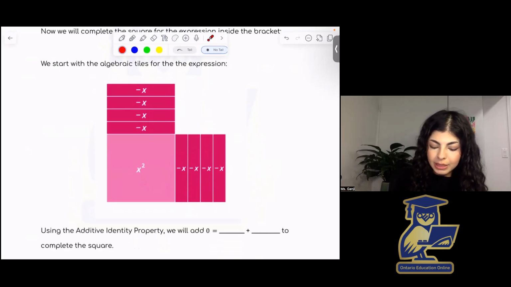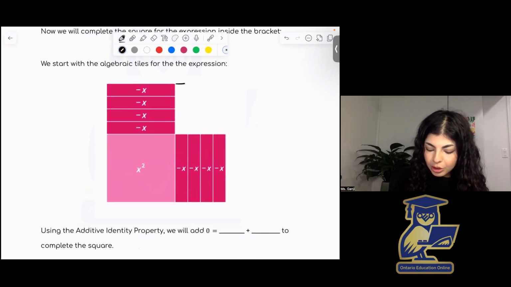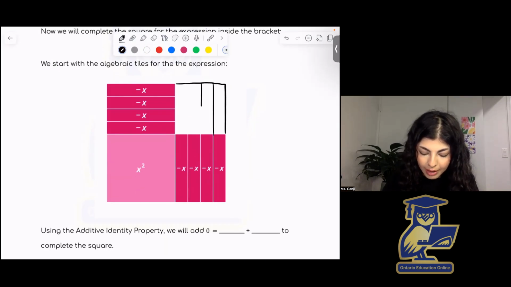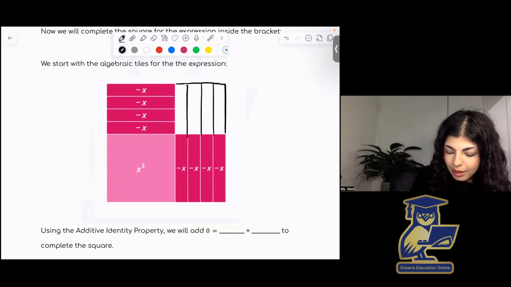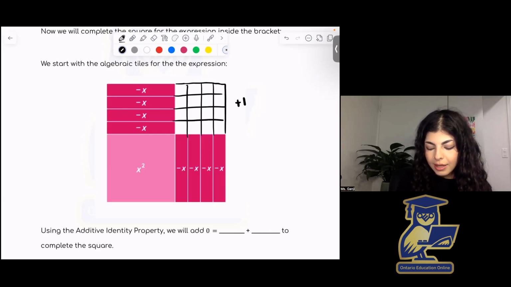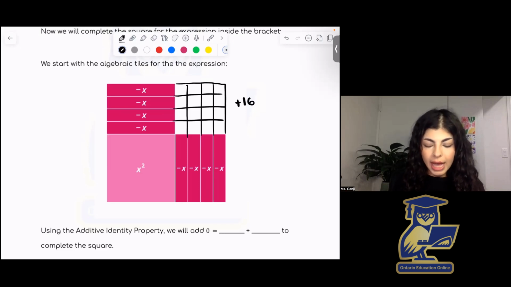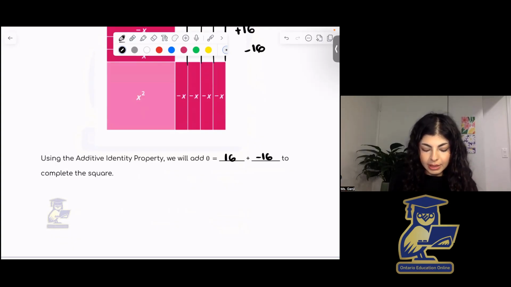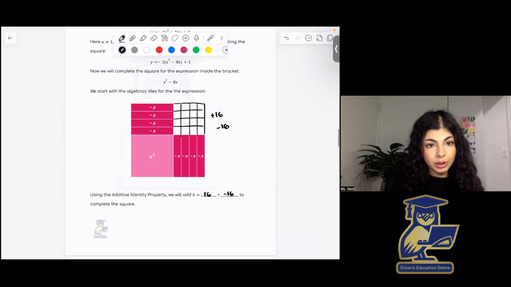Now I have a missing piece here, which I need to complete my square. But you already have these to guide you. So if we complete our square like this, we see that we need to add 16. But again, we can't just add 16, so we also have to subtract 16. So here, using the additive identity property, we have 0 is equal to 16 plus minus 16. And that's what we're going to use to complete the square.